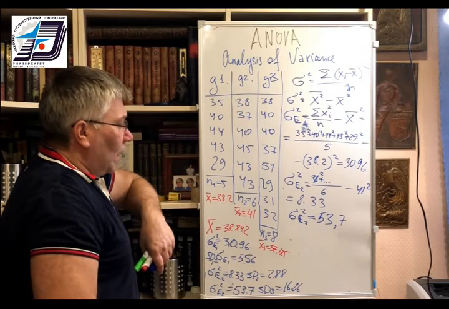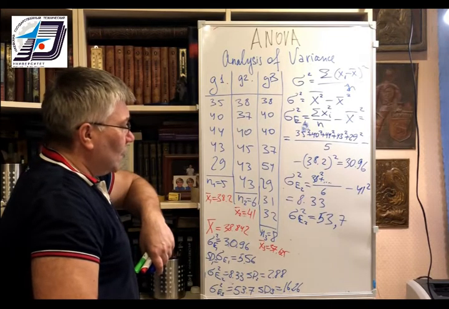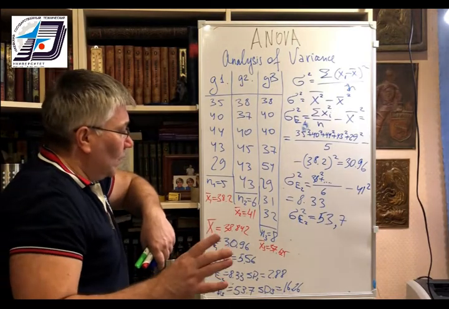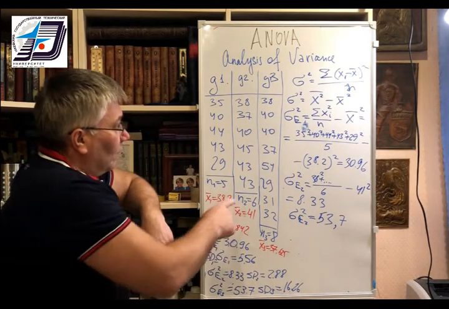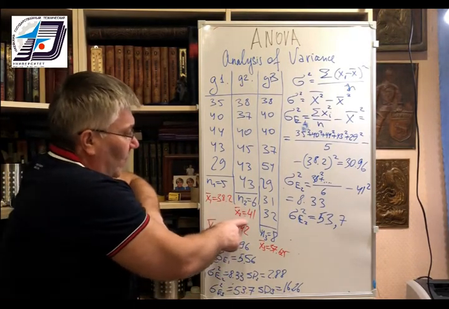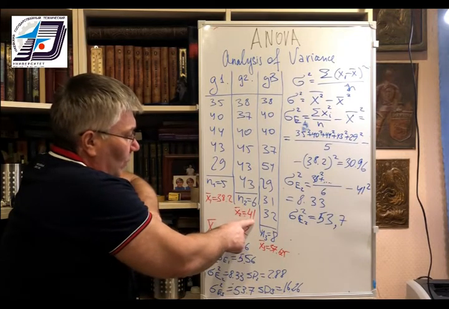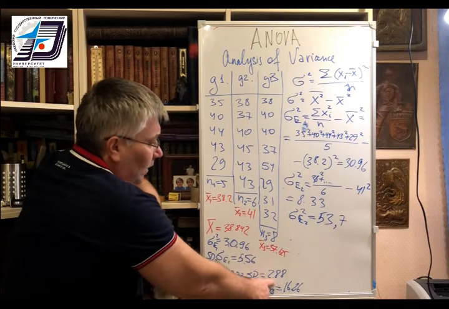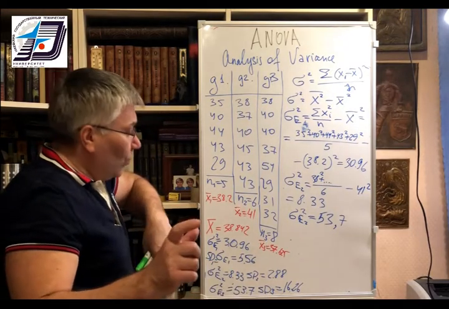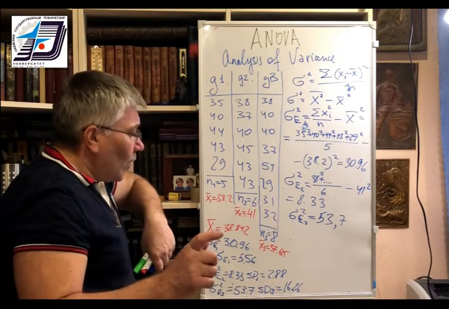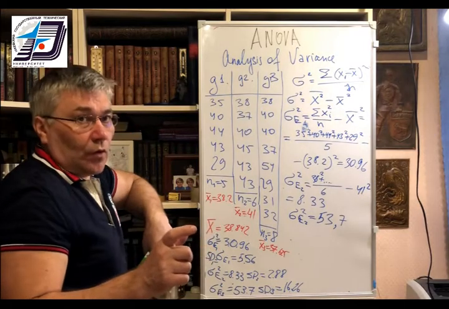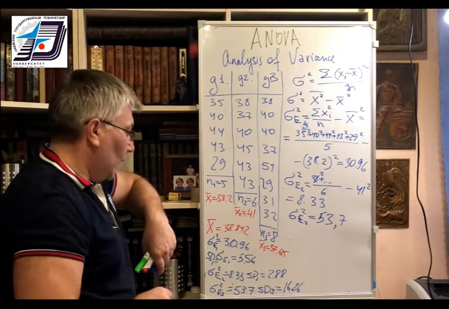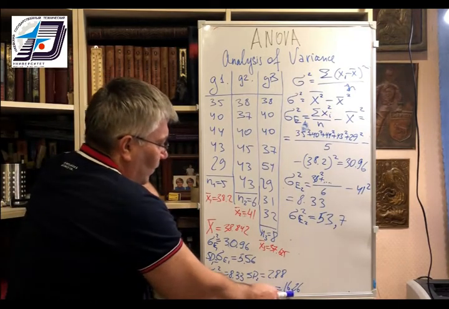By the way, from this point of view, we can say that the second teacher is really good, because the second teacher has the best average result, 41, and the narrowest oscillation between the grades of all the students. And the worst one is the third one.